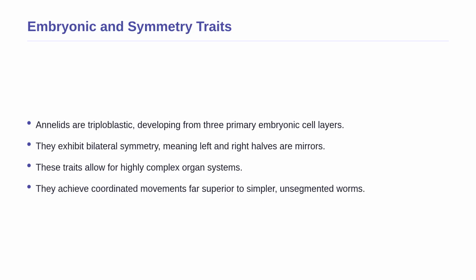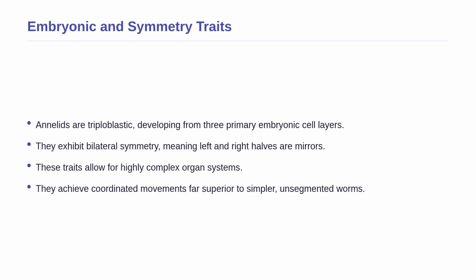Building on their segmented structure, we must also understand their embryonic development. Annelids are triploblastic, which simply means their bodies develop from 3 primary embryonic cell layers. Additionally, they exhibit bilateral symmetry.